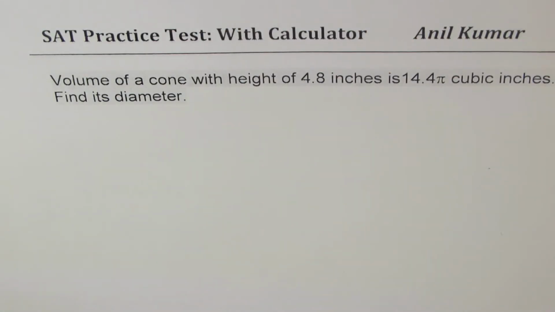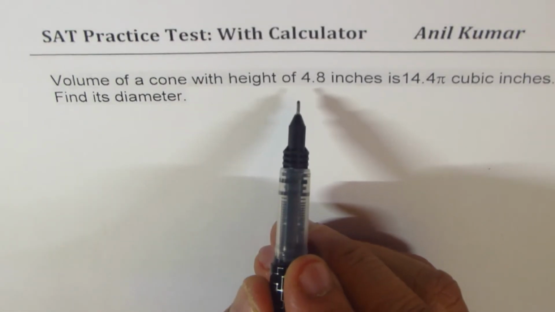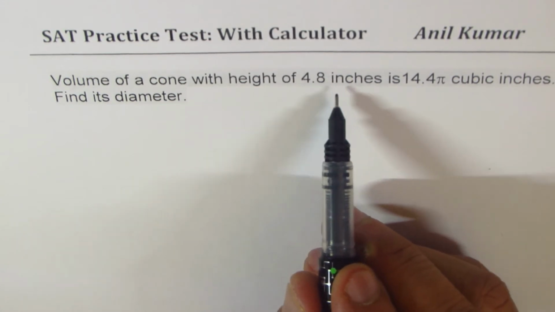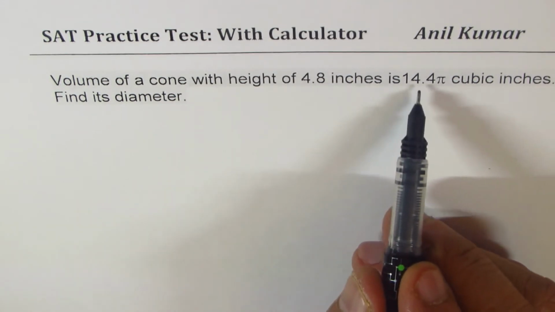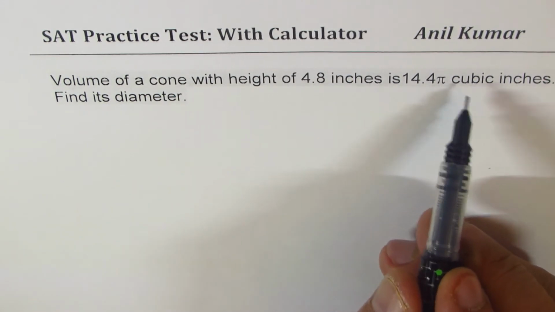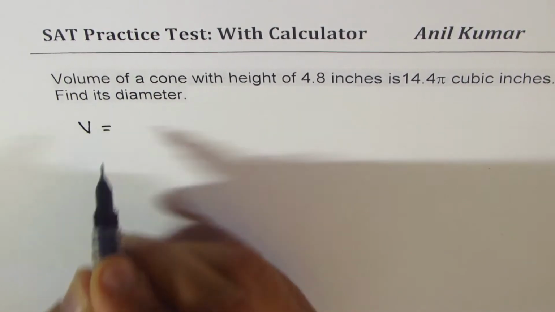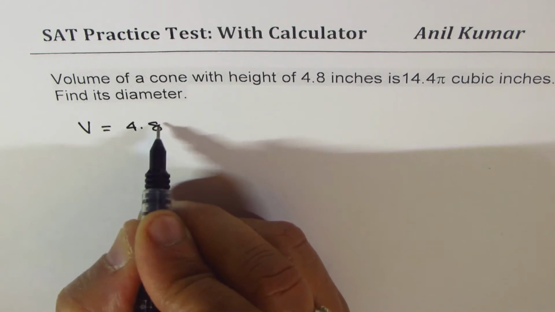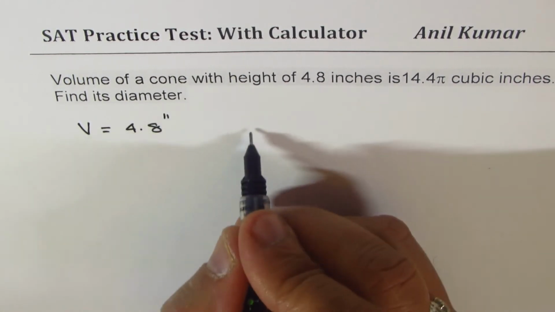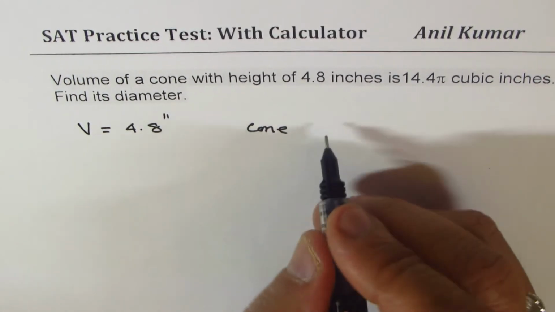The next question here is: the volume of a cone with height 4.8 inches is 14.4 pi cubic inches. Find its diameter, right? Now for a cone, what is the formula for volume?